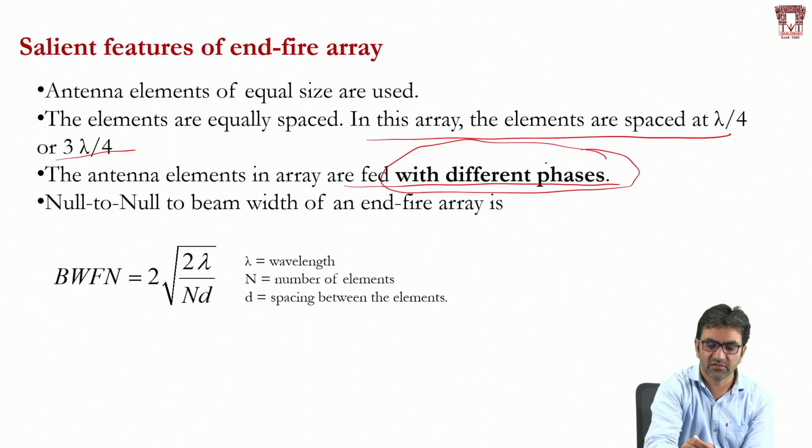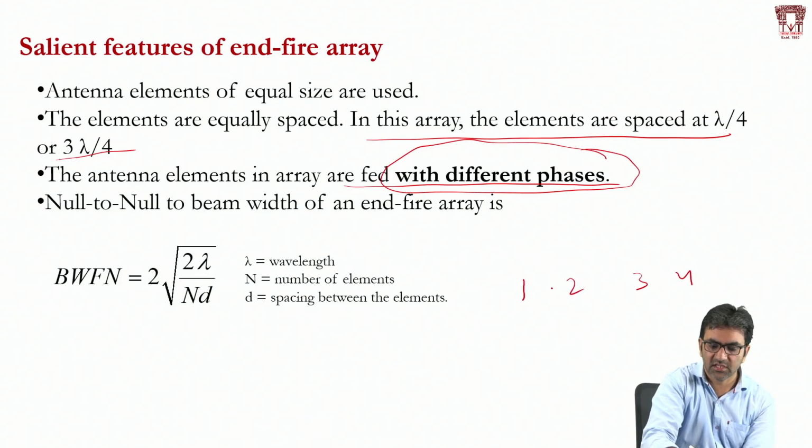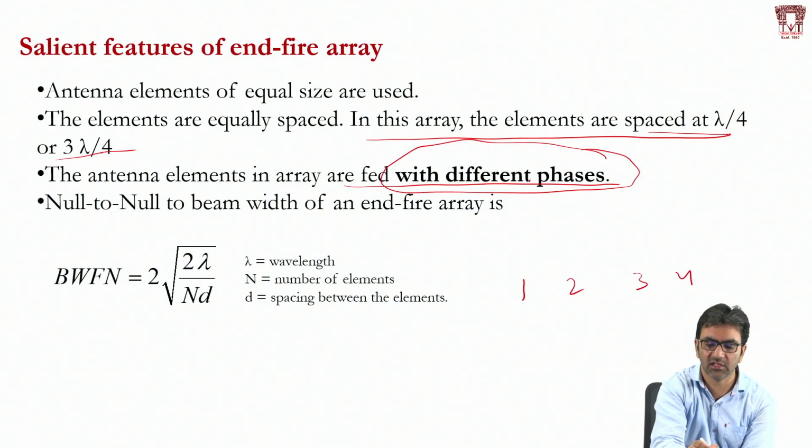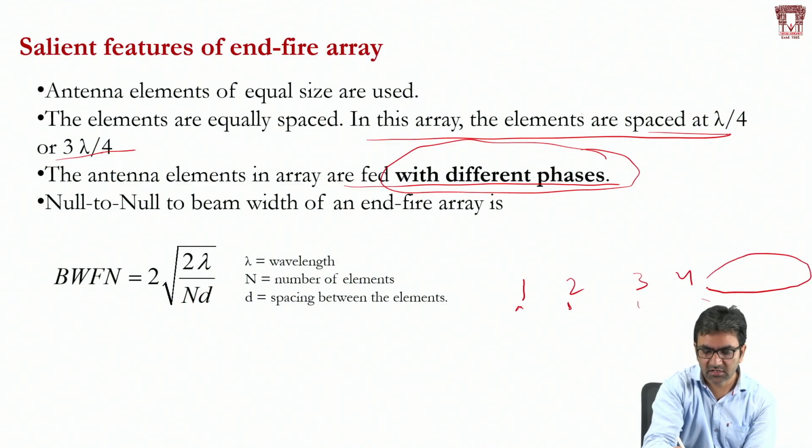So with these factors, if it is the antenna number 1, 2, 3 and 4 of the array, the spacing is lambda by 4 to 3 lambda by 4, and I am feeding them with different phases. Whatever the phase here, it will be different from this. So with those factors, I am getting a beam that is lying along the axis of the array.